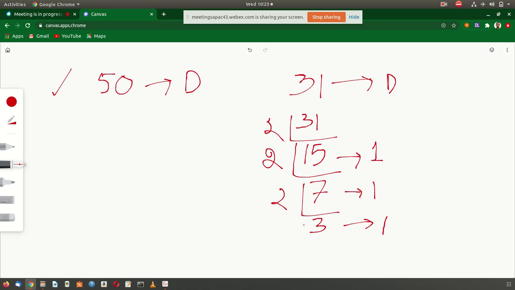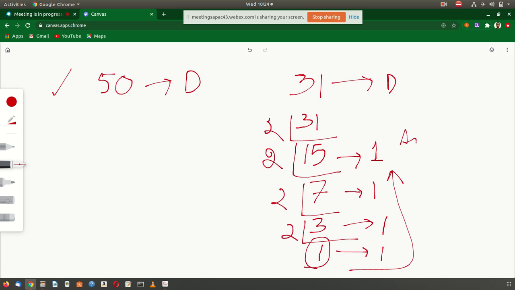The leftover we write on the right hand side. Then again 3, you divide by 2. 3 is again not possible to divide by 2. So the nearest is 2 into 1, which is 2. Our target is 3. 3 minus 2, leftover is 1. So now we have reached 1, so we have to stop here and write the answer.